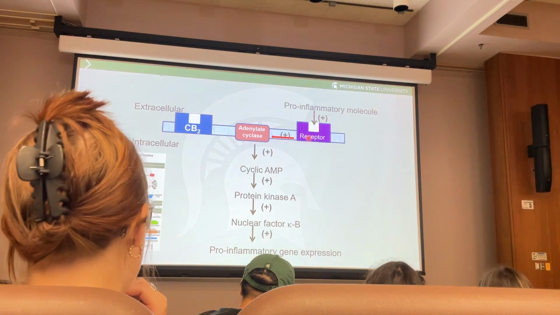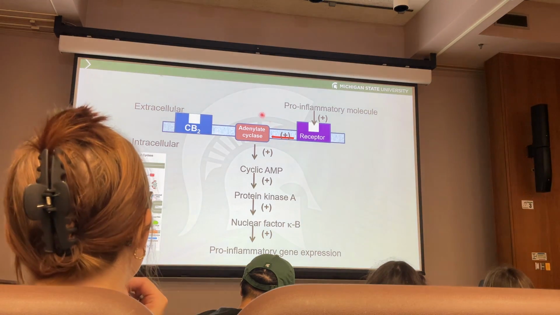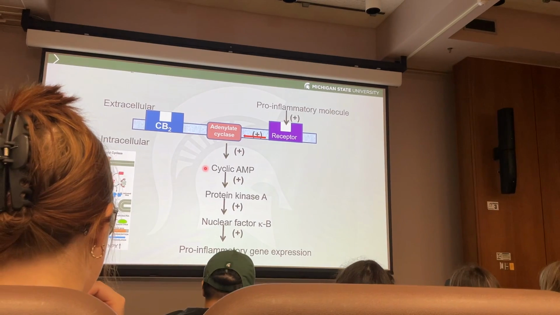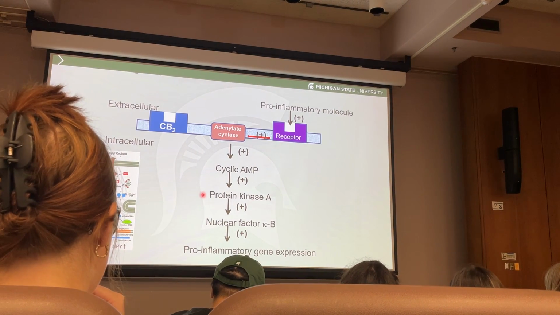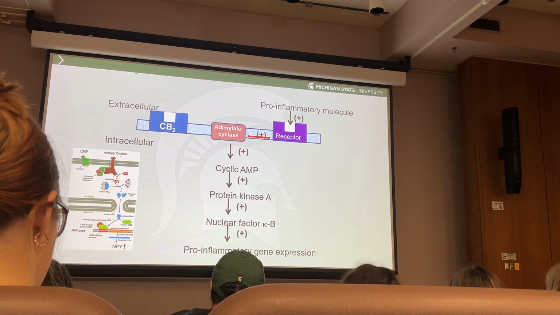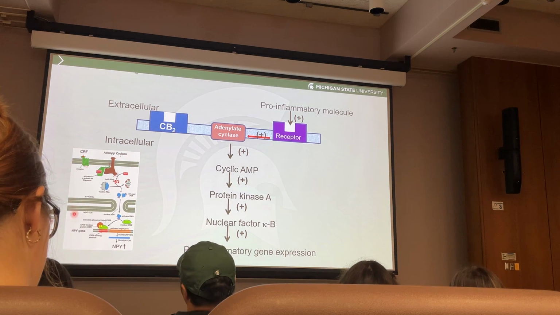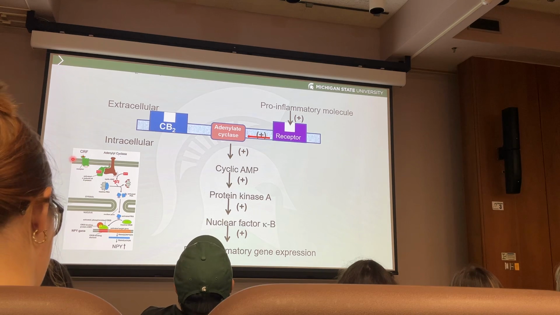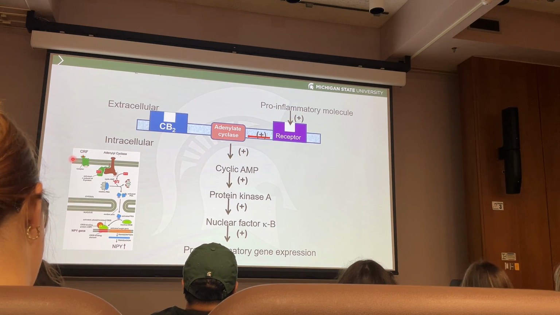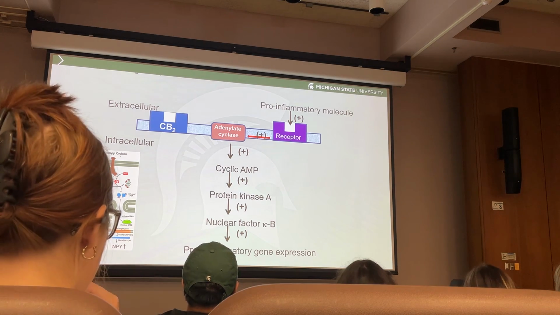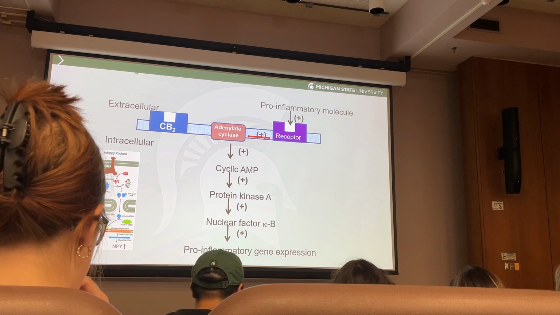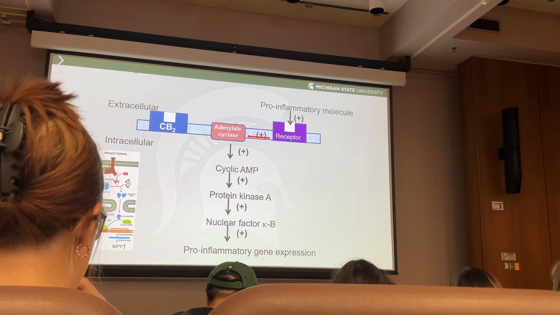This would be a GPCR coupled to G-alpha S, which stimulates adenylate cyclase, and then we have the whole downstream effect: increased cyclic AMP production, which triggers protein kinase A. If you remember this schematic from discussing alcohol and the body's normal response to stress, the CRF neuropeptide binds to its target receptor.